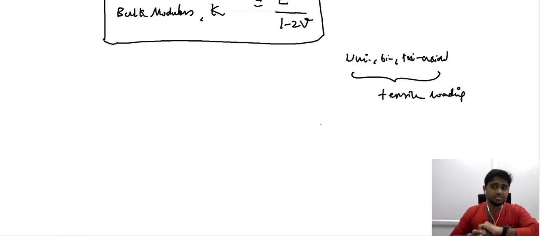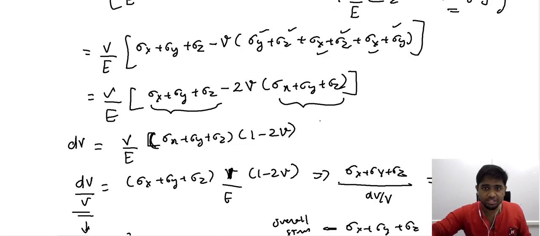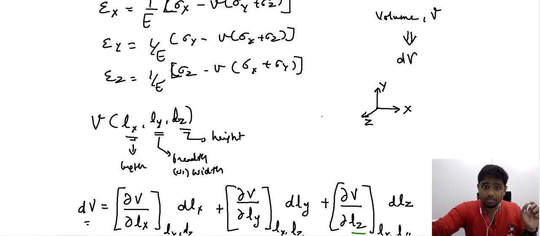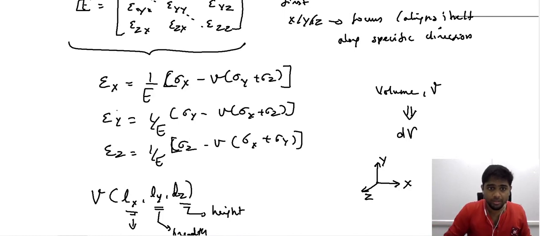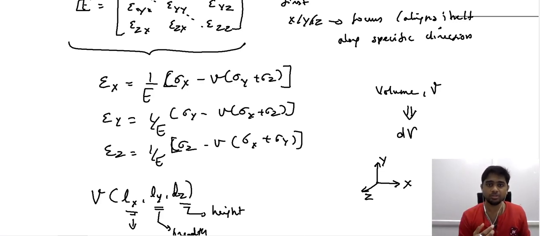The reason we considered the derivation of these individual expressions for the change in the dimension along the x, y and z axis for the triaxial loading condition, which we did in the last lecture, is because often there will be a combination of mechanical conditions. It is also possible that along two directions there is compressive load, and along the third direction there is a tensile load acting on the material.